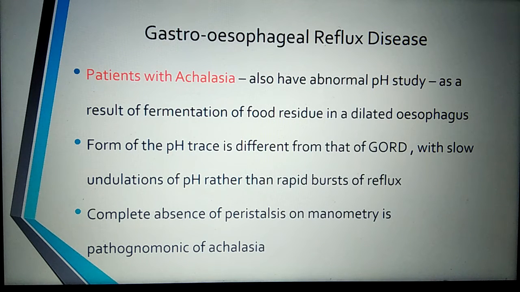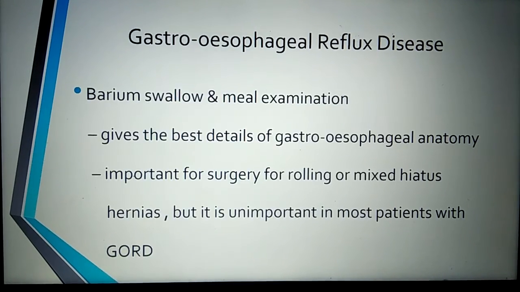This pH change in achalasia is due to the fermentation of food residue present in a dilated esophagus. And another important thing is during manometry, if there is complete absence of peristalsis, it's pathognomonic of achalasia.